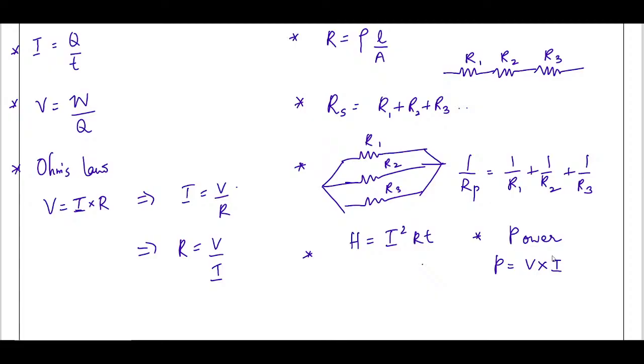Power P equals V into I. We can express power as P equals I square R. Replace V by IR, we get P equals I square R, and also we can express P equals V square divided by R. These are the ways we can express the power.